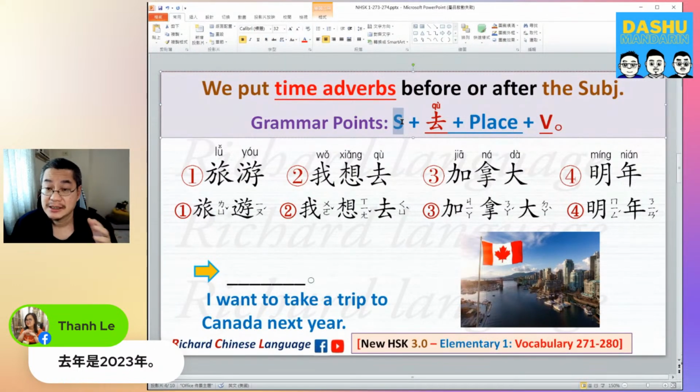So in Chinese, we only use subject, 去, a place, and directly we add another verb. For example, 我去学校学习, I went to school and studied. 我去学校, I went to school. 学习, and studied. But we don't need and in Chinese.